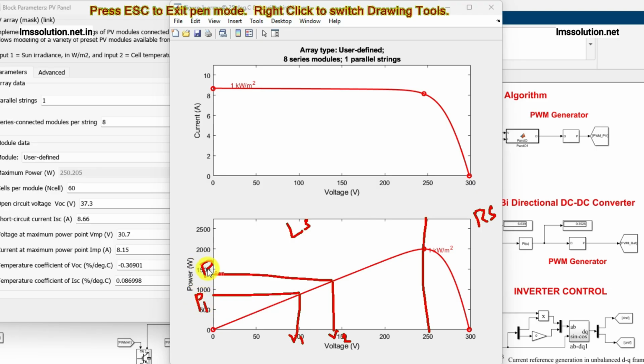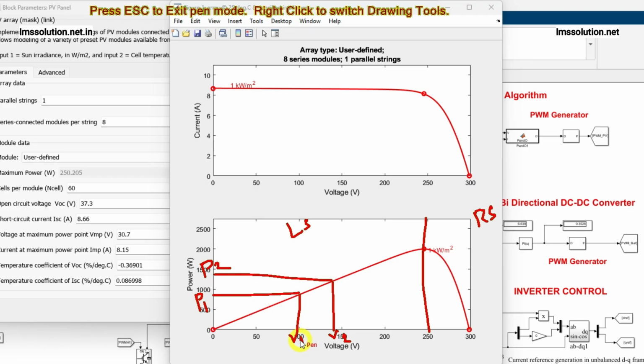The MPPT algorithm is executed with two samples: two instants, one known as the current instant, another as the previous instant. So I'm going to consider V1 as the current instant and V2 as the previous instant. Then I'm going to find the difference V1 minus V2 and also P1 minus P2.